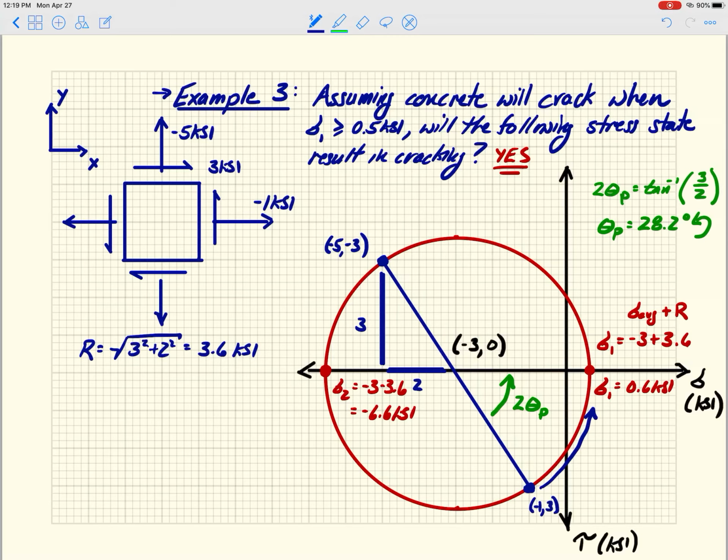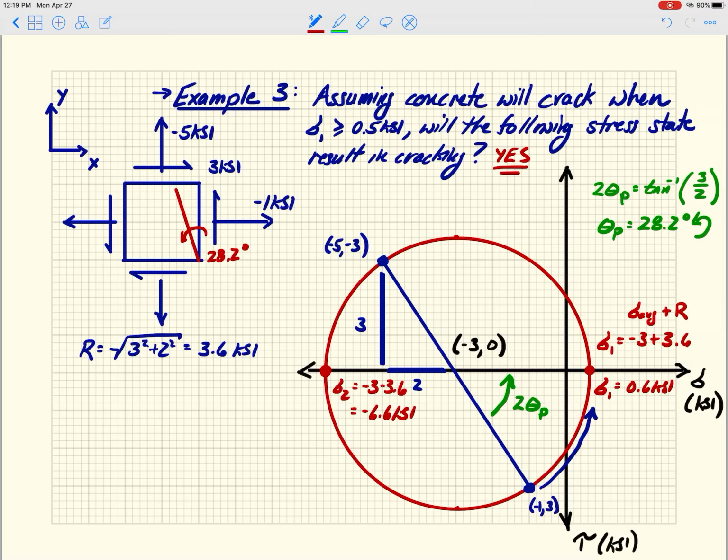So what I can do here then, and I'm going to draw it in red, is I know that this particular face here has got to rotate 28.2 degrees, and then that face is going to have a positive 0.6 KSI on it.